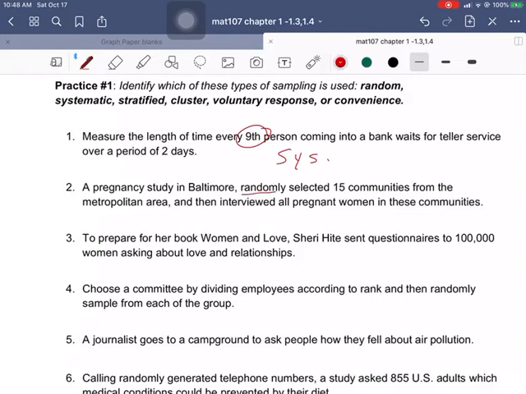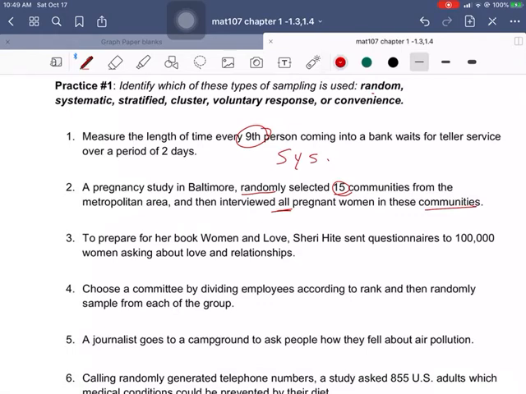Okay, pregnancy study in Baltimore, randomly select 15 communities from the multiple. So just because it has the word randomly does not mean it's a random. So let's read the rest of it. Pregnancy study in Baltimore, randomly selected 15 communities from the metropolitan area, then interviewed all pregnant women in these communities. So selected 15 means there were more, but they picked 15 communities.